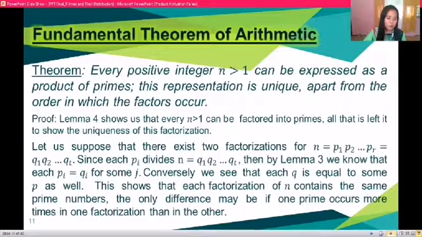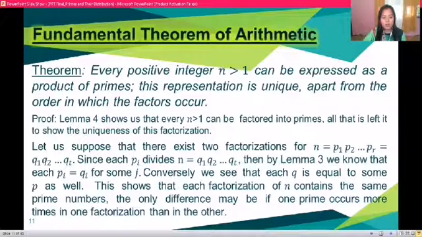Okay, let us suppose that there exist two factorizations for n, which is equal to p sub 1 times p sub 2 times p sub r, equal to q sub 1 times q sub 2 times q sub s. Since each p sub i divides n, which is equal to q sub 1 times q sub 2 times q sub s, then by lemma 3, we know that each p sub i is equal to q sub j for some j.